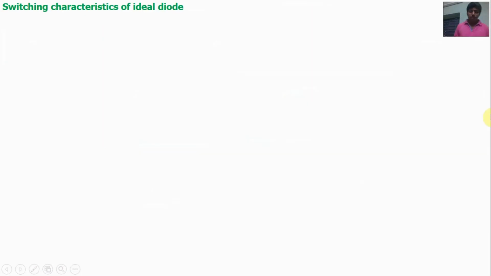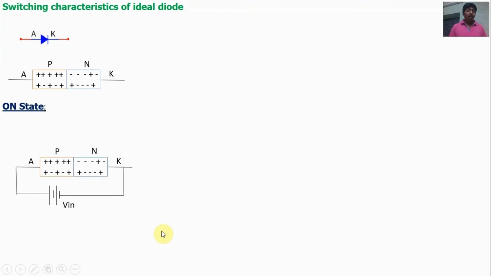Okay. Switching characteristics of ideal diode. We know the symbol. This is the diode symbol, anode and cathode terminals. We know the structure. PN junction diode, so P-type holes and N-type electrons. During on state, internally the diode has a barrier potential. For ideal case, it is 0 volt.